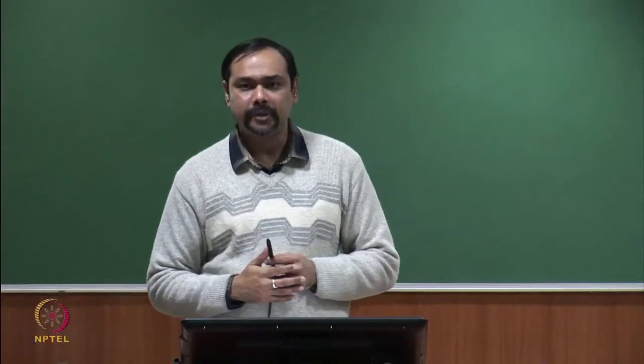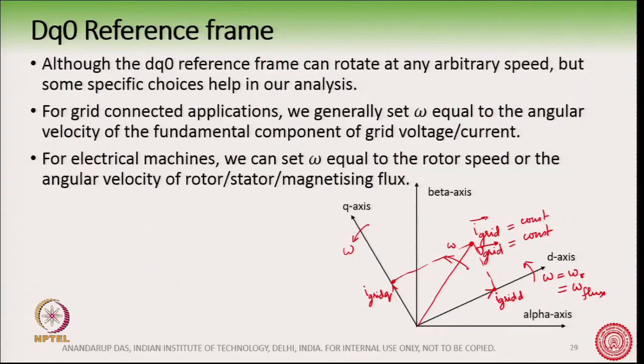There is an extensive analysis on what happens with different speeds of this d and q axis if it is rotating at a different speed than the space vector. Of course, there will be a differential speed. We will not go into that, we will keep ourselves a little bit simplified and say that this omega is rotating at the same speed as the space vector.